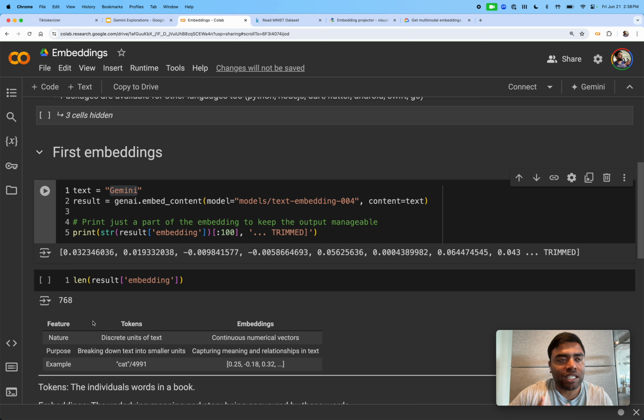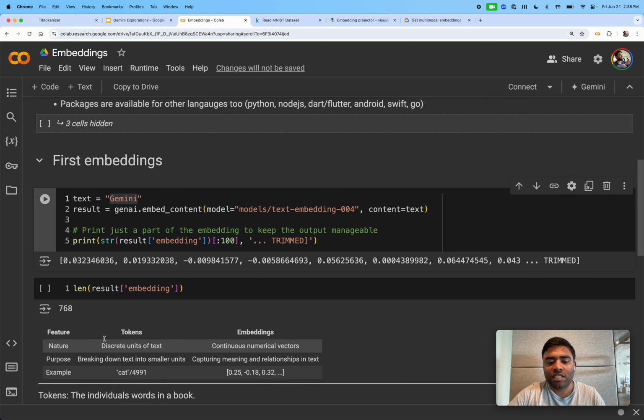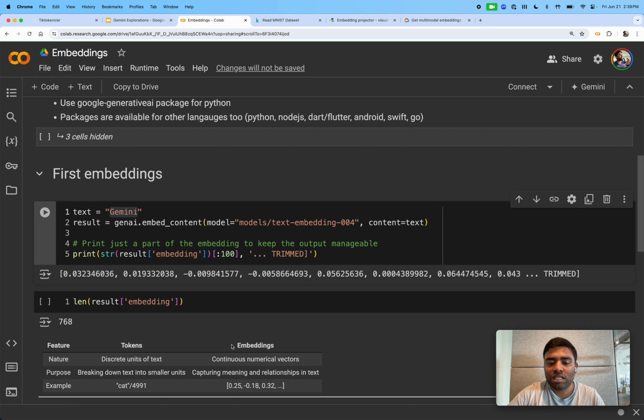How do you start thinking about tokens versus embeddings? The way I like to think about it is that discrete units of text are tokens, and embeddings are continuous numerical vectors of whatever you're trying to represent. In this case, cat was 4991, but the embedding for that is multiple values which represent cat in that n-dimensional space.